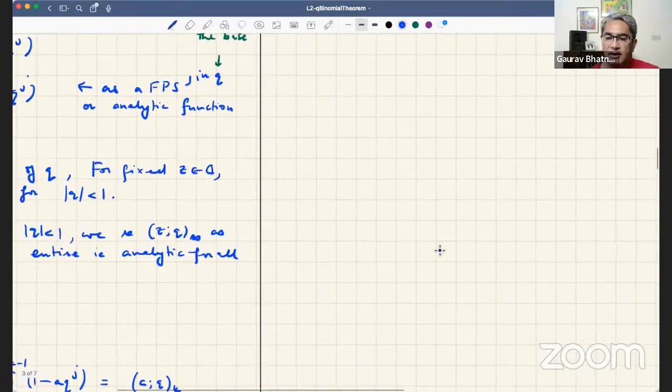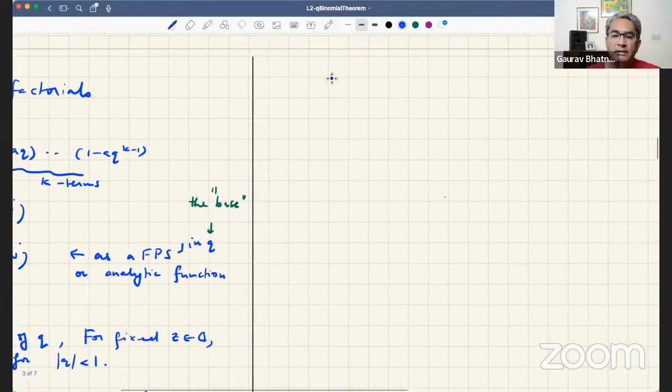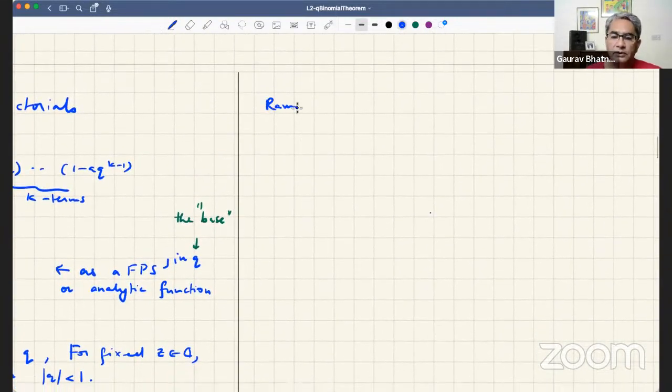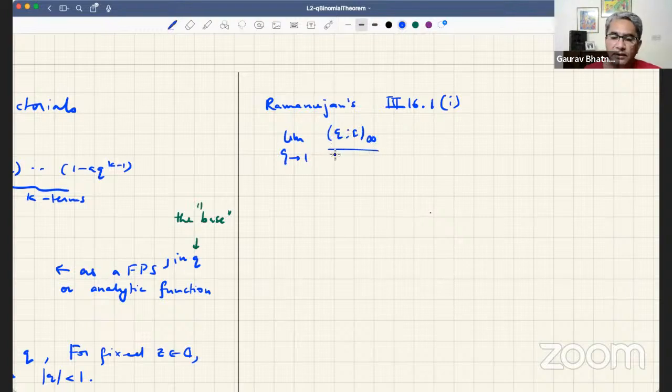So in fact, here is an entry due to Ramanujan. In volume 3 of Berndt, chapter 16, the first entry has several parts. The first part is exactly this: the limit as q goes to 1 of (q;q) infinity over (aq^x;q) infinity is equal to (1 minus a) to the x.